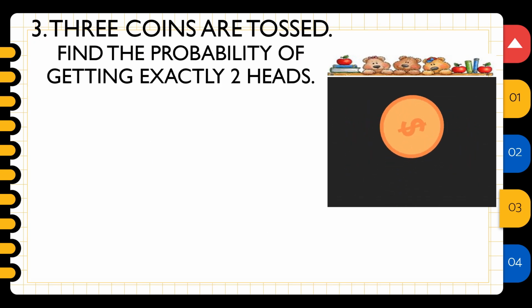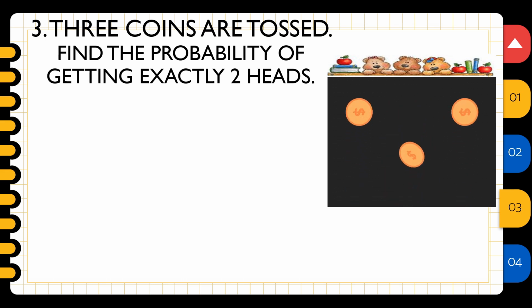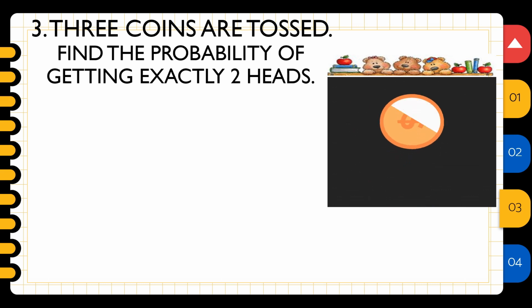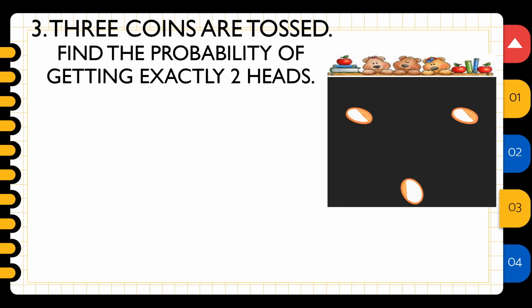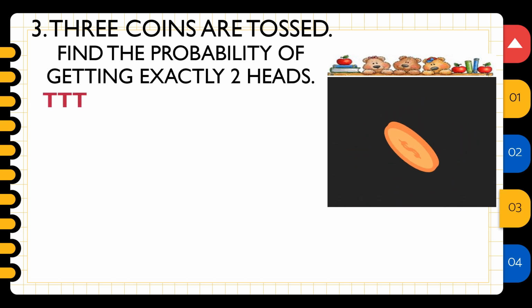Now let us have problem number 3. 3 coins are tossed. Find the probability of getting exactly 2 heads. In this case, before we give the answer, let us list down all the possible outcomes. When you toss your 3 coins at once, first, it can be all tails.